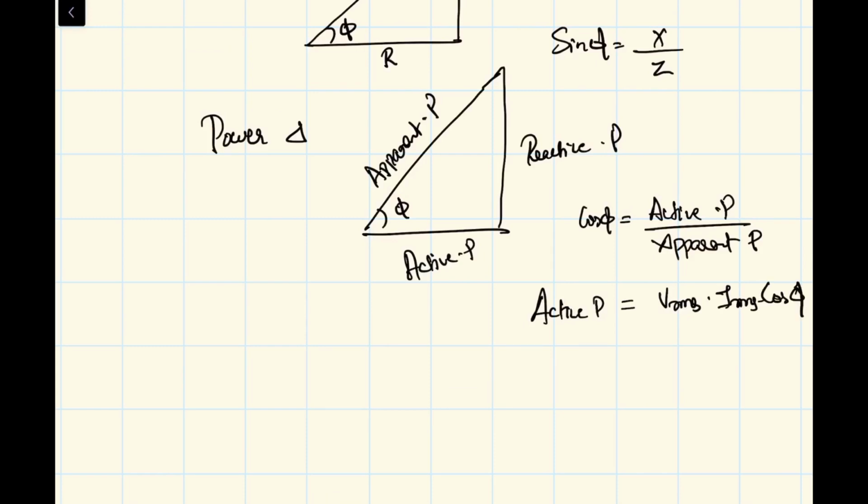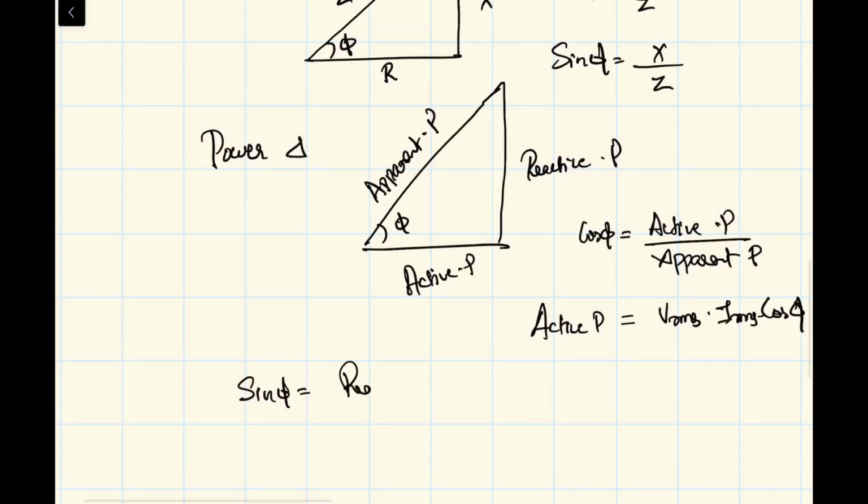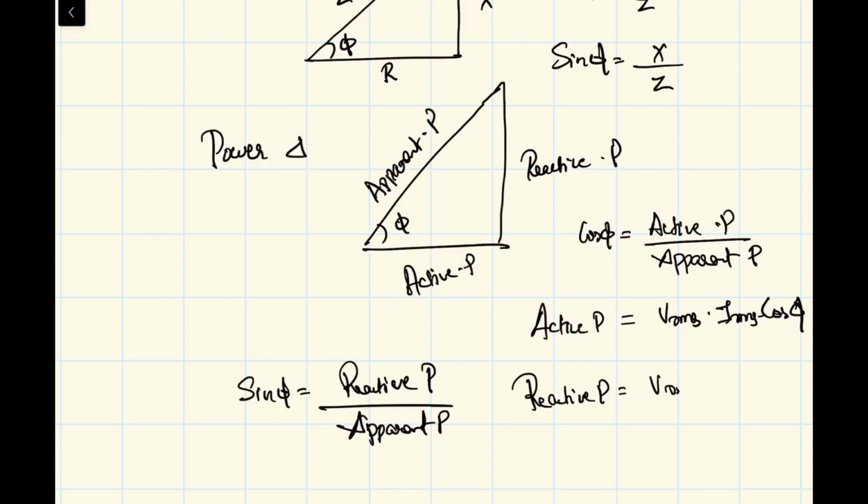Similarly, sin phi is equal to reactive power divided by apparent power, and thus you get the reactive power equation as Vrms Irms sin phi. That's how you get the power terms.